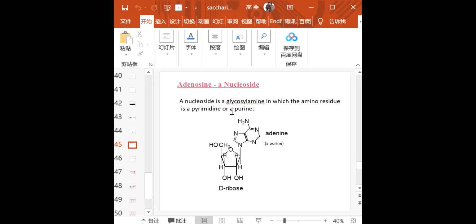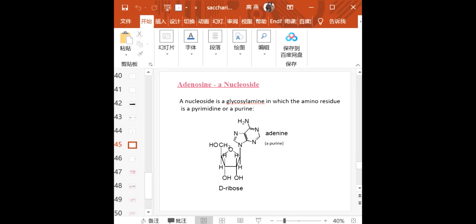What is a nucleoside? A nucleoside is a glycosylamine, in which the amino residue is pyrimidine or purine. For this case, adenosine, the amino residue is a purine, right? Adenine is a type of purine, and there are actually 4 different nucleosides.